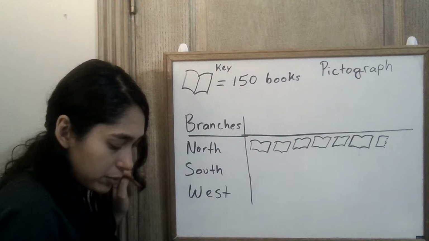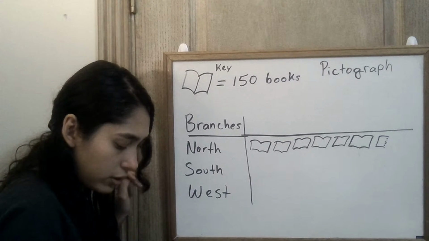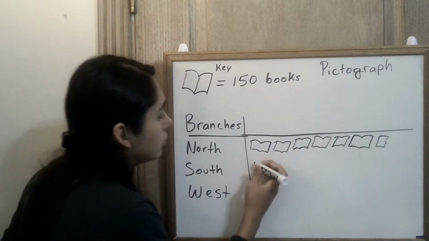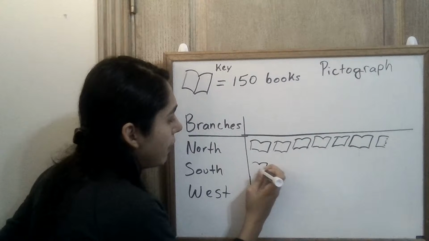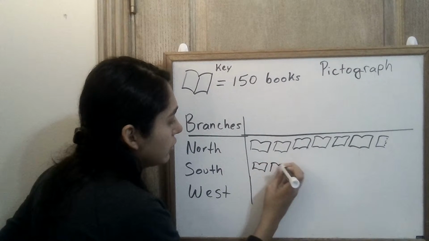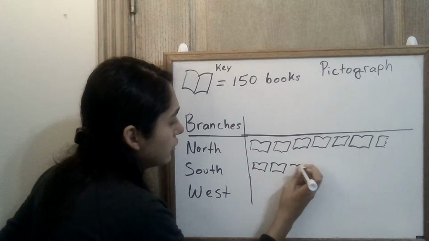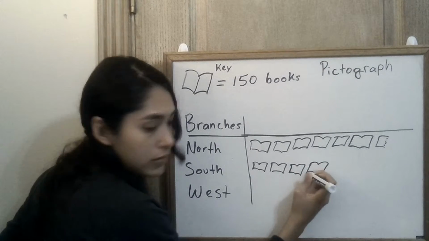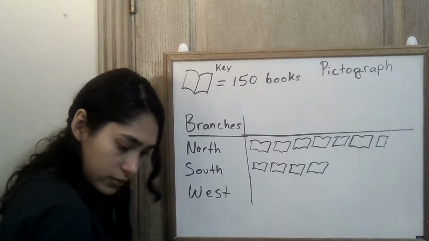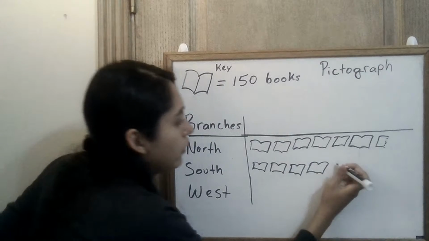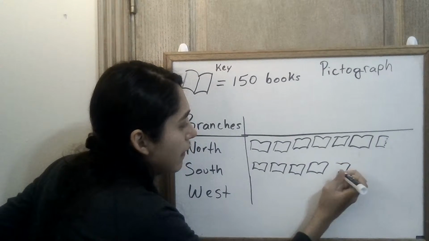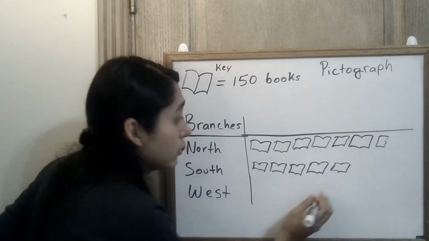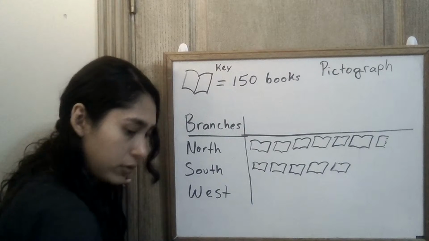So next in the South branch, we have 1, 2, 3, 4, oops, 4 and a half book symbols.